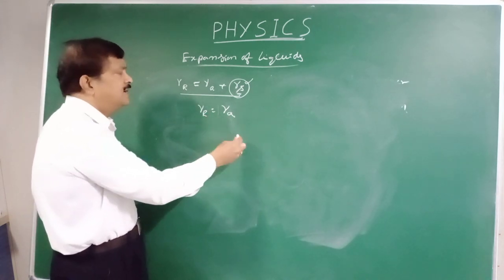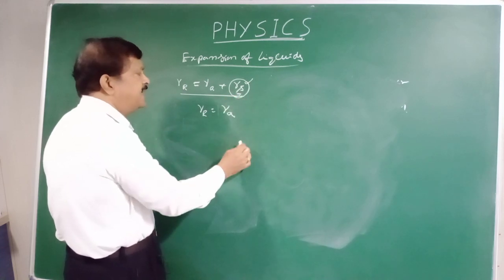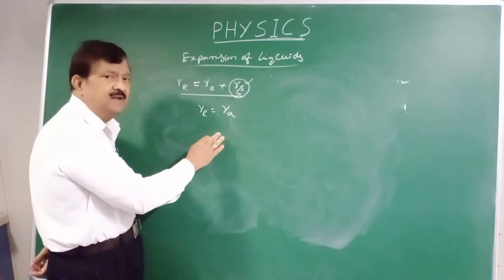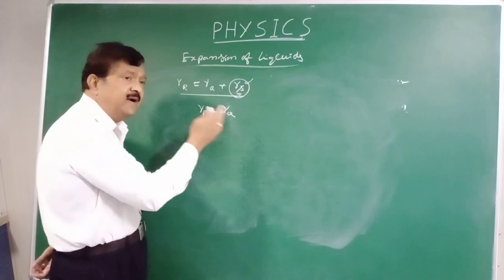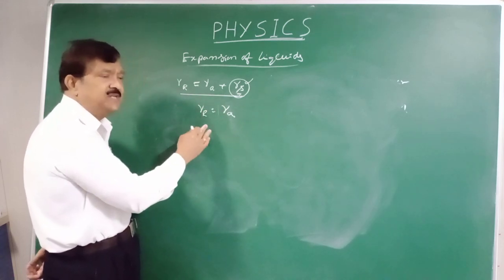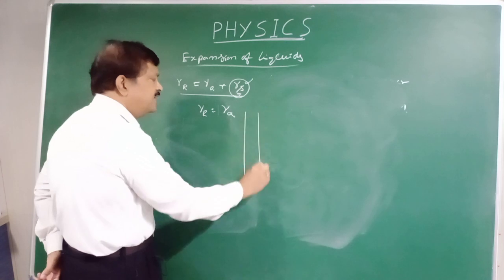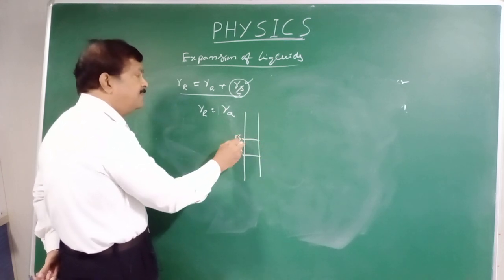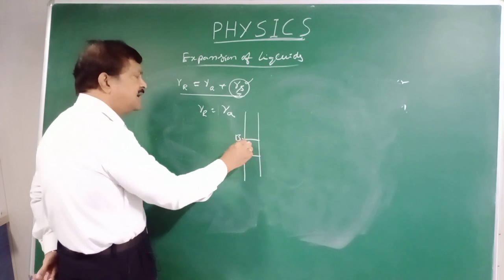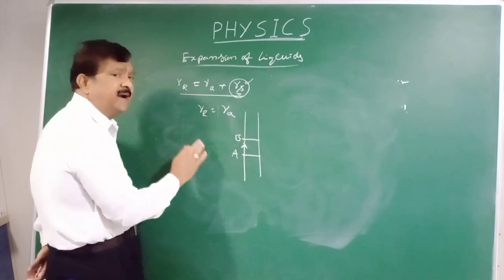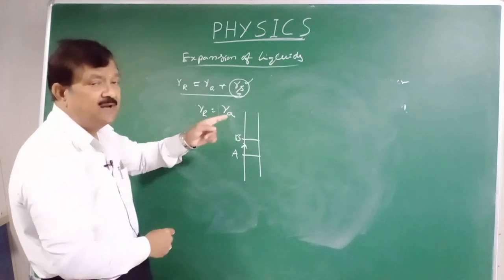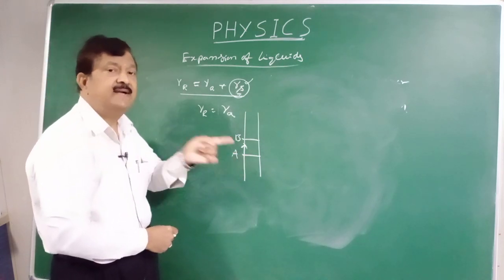So as the solid is not expanding, whatever expansion is taking place is only because of real expansion, and because apparent and real are equal, in this condition, suppose the initial liquid level is at A and finally it will be at B. This is the real expansion and this is also the apparent expansion, because there is no involvement of expansion of the container.